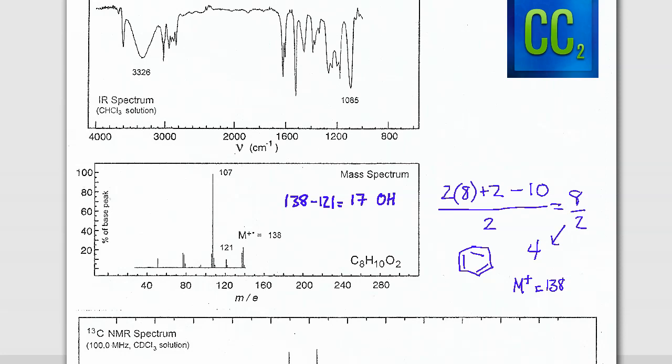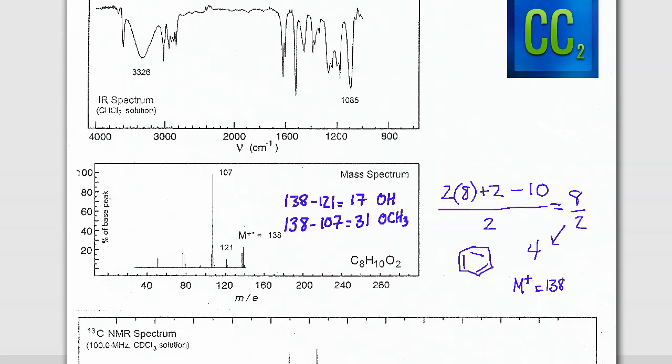Now, we can also do that by taking 138 minus 107, and again, if you have the guide and you look in the appendix, you'll see that the value for 31 is also a common fragment. It is OCH3.